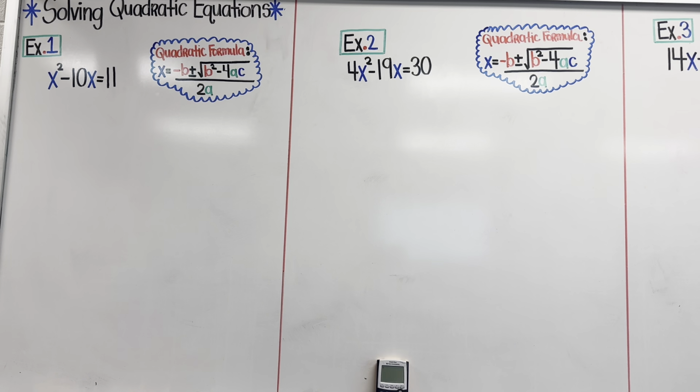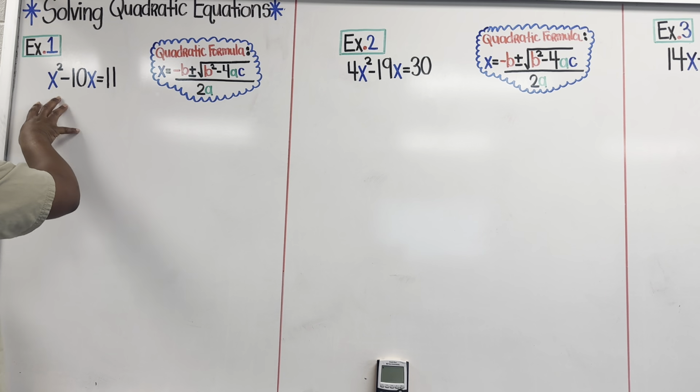In this first equation, we have x squared minus 10x equals 11. The first thing we want to do is set the equation equal to 0, so we need all of the values on one side.